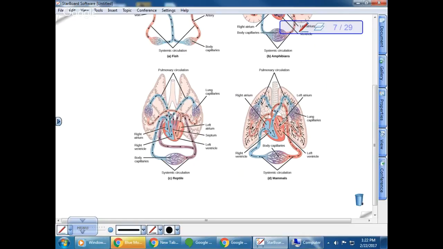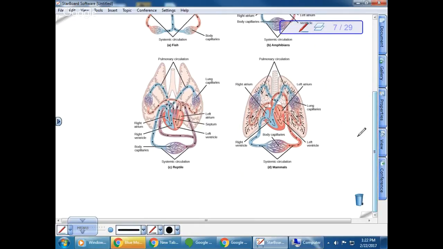And then if you look at birds and mammals, they have a 4-chambered heart. And so we see here that they have complete separation of oxygen poor blood coming from the body and oxygen rich blood coming from the lungs. And so mammals and birds, the endothermic adaptation, we have 4 chambers. 2 atria, 2 ventricles.